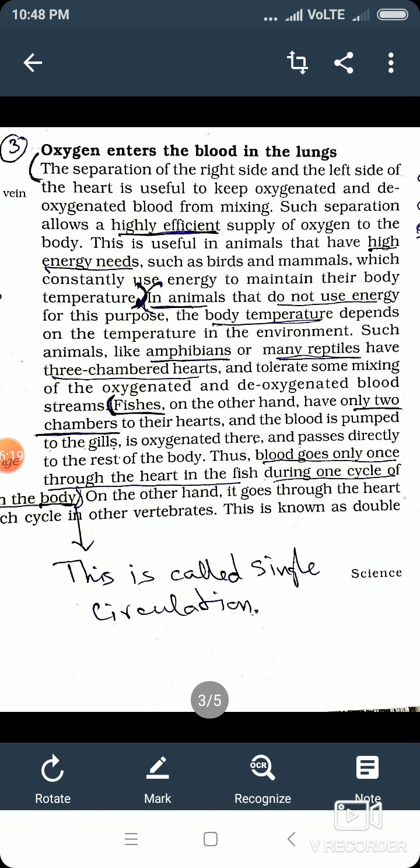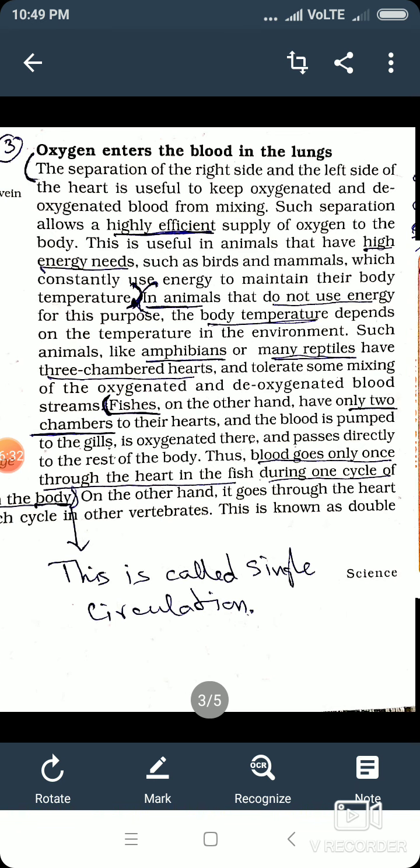Such separation allows a highly efficient supply of oxygen to the body.